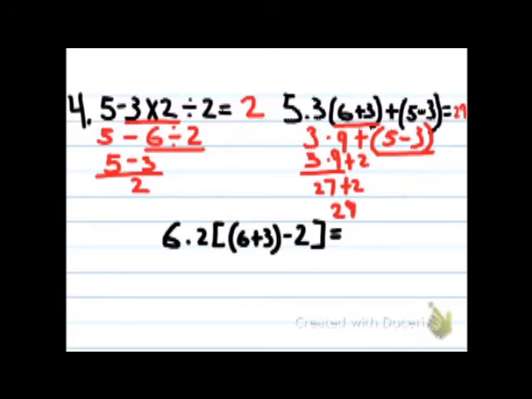So first I have to do 6 plus 3, then you bring the bracket down. 6 plus 3 is 9 minus 2, and then you bring the other side of the bracket down. So I have to solve whatever's in the brackets after I did the parentheses. So I'm left with 2 times 7. And then the answer is 14.